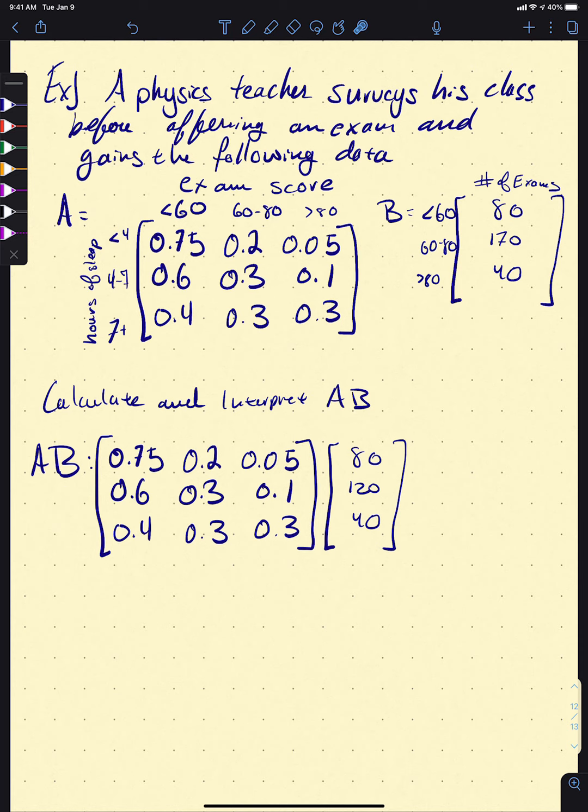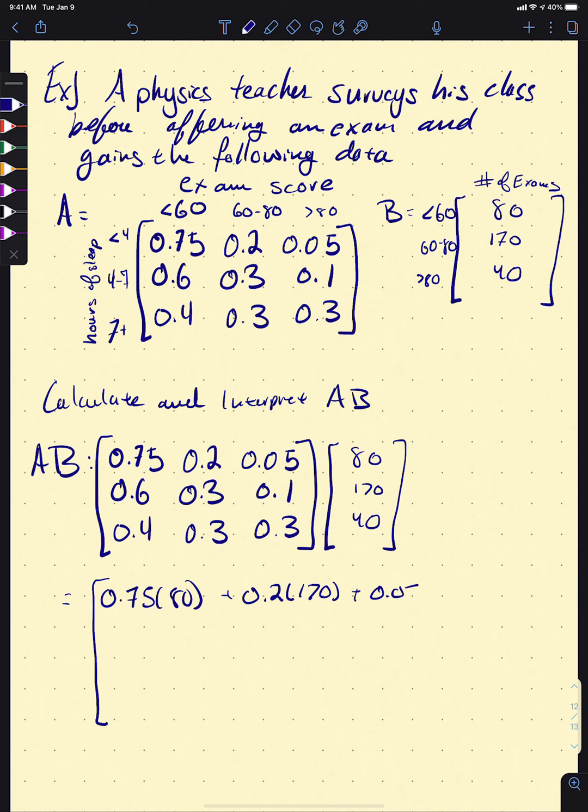So when we calculate this, what are we going to get, okay? Well, let's just write this out, right? Noting that we have a 3 by 3 matrix times a 3 by 1 matrix, so we should expect a 3 by 1 matrix out the other side. This is just going to be a big inner product, right? 0.75 times 80 plus 0.2 times 170, forgot to change it there, plus 0.05 times 40.